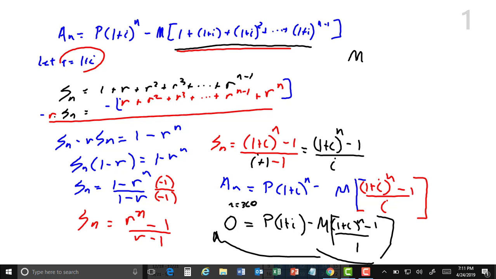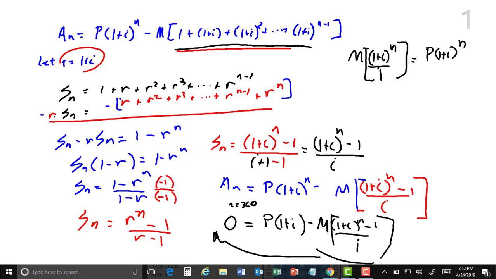That's my monthly payment. M is equal to, and this time it's positive, 1 plus i raised to the n, minus 1. Sorry, that's not minus 1, that's minus i. Okay. And that's going to be equal to what's left over on this side, which is just P times 1 plus i, raised to the n.